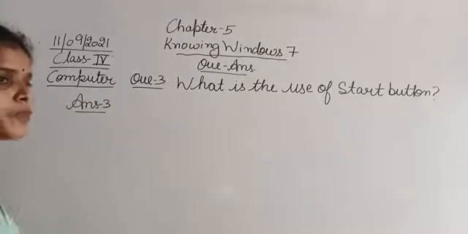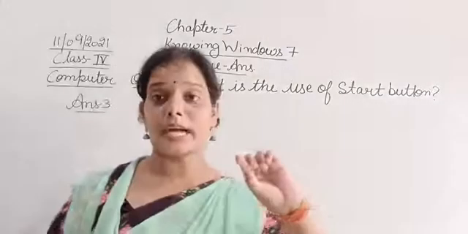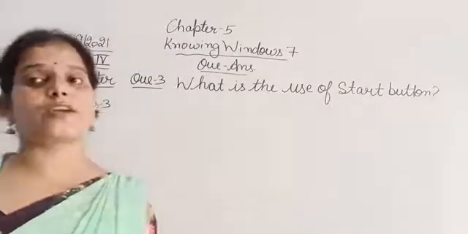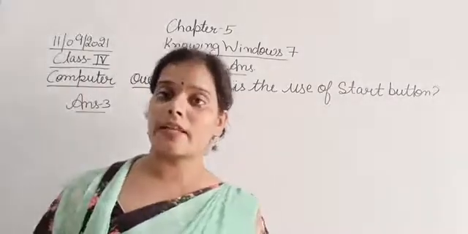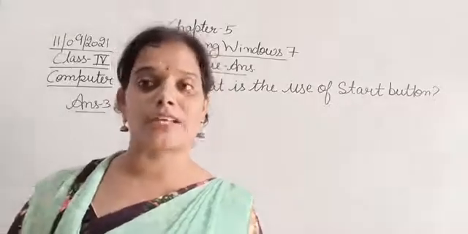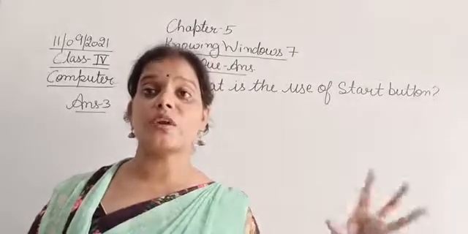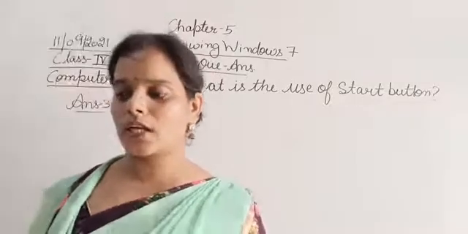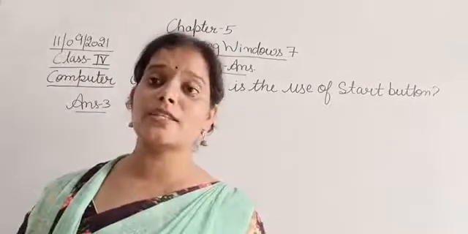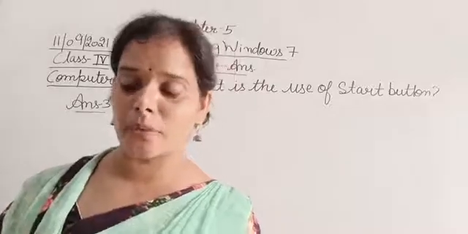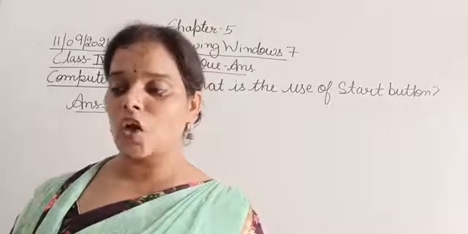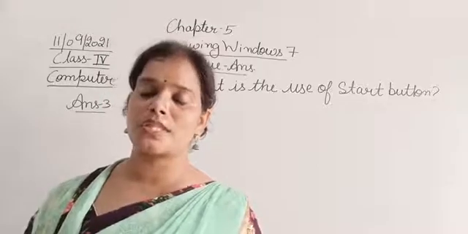You must have seen a start button and start icon on the left-hand side of your taskbar, the leftmost side. Now the question is, what is the use of that start button? That start button is the most usable part of the desktop, and we can start and launch any Windows feature through it.